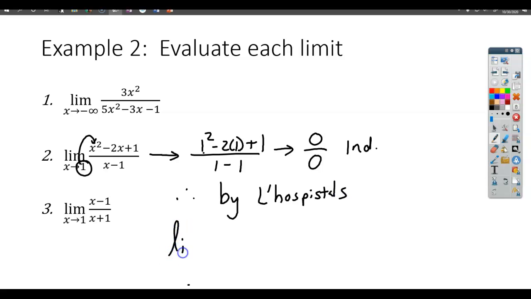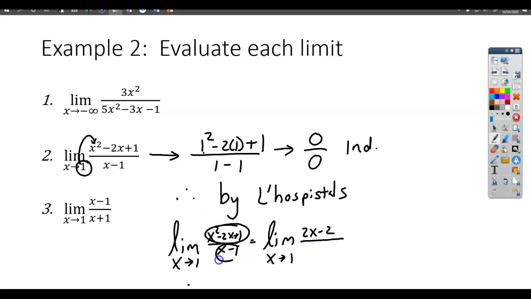the limit as x approaches 1 of our original function is equal to the limit as x approaches 1 of this new function, which is going to be the derivative of the top over the derivative of the bottom.